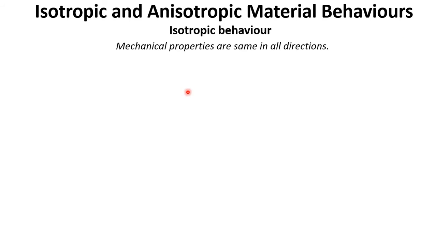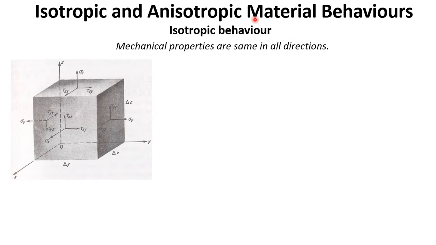So as I said, mechanical properties are same in all directions for isotropic material or isotropic behavior. So if we assume that this is an element, a very, very small element of this solid material, and we have direction x, y and z, and this element has dimensions of delta x, delta y, and this side delta z.